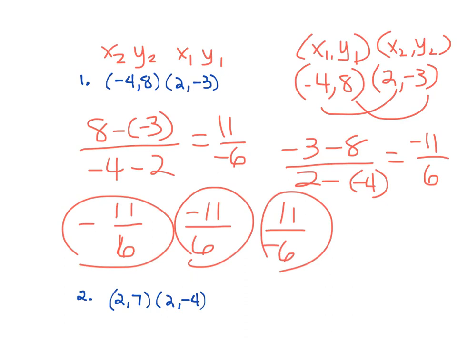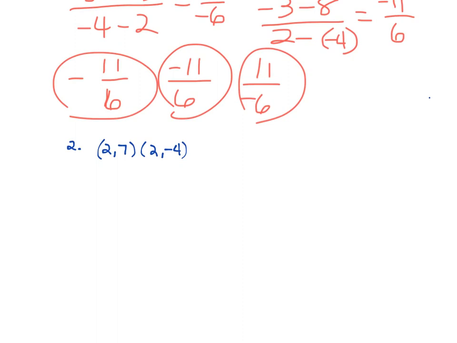Now, if you do the slope formula and you have a negative in the top and the negative in the bottom, simplify it to a positive, because a negative divided by a negative is a positive. Let's try another example. So here I have the ordered pairs 2, 7 and 2, negative 4. Again, I'll label this as x2, y2, x1, y1.